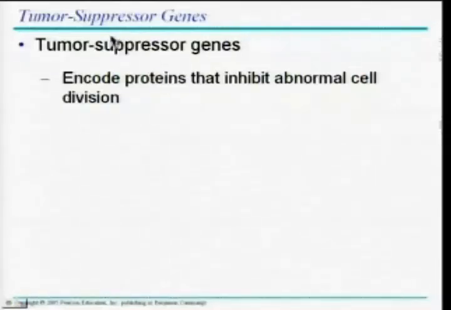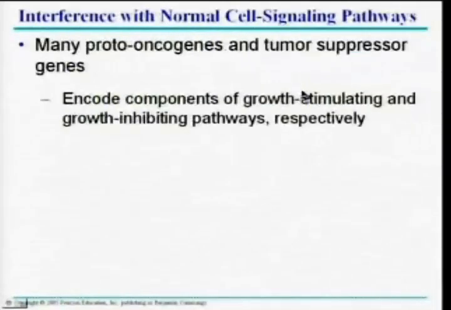So if something happens to a tumor suppressor gene, taking your foot off the brake, then it can allow disinhibition of the cell growth. If it normally inhibits abnormal cell division and it becomes compromised, then you have disinhibited abnormal cell division.